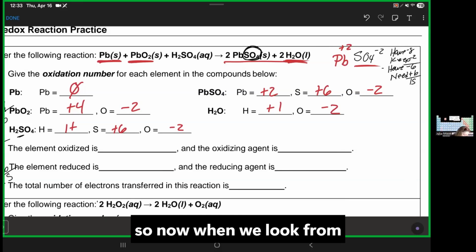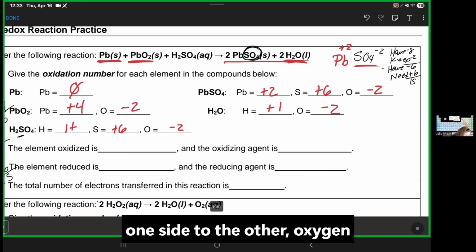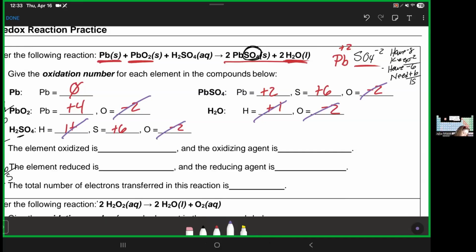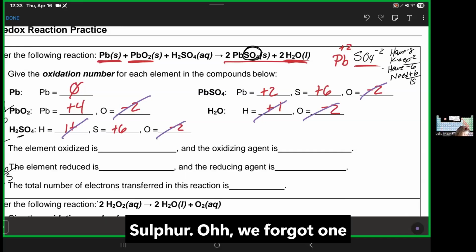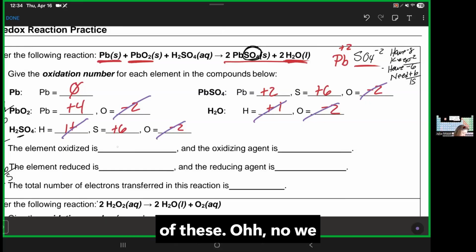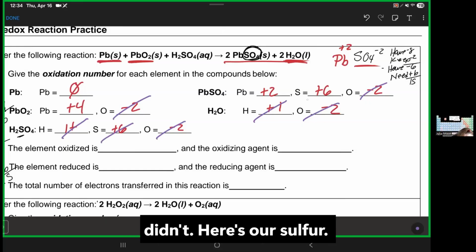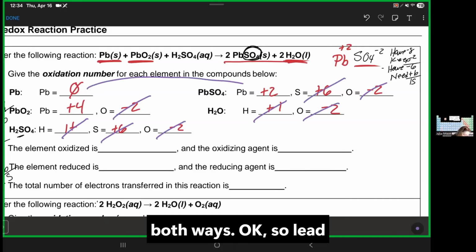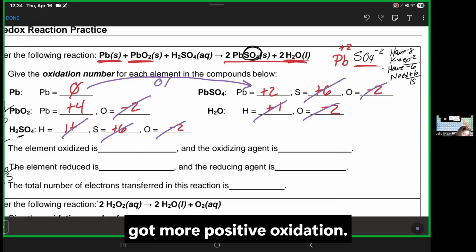Now when we look from one side to the other, oxygen was -2 the whole time. Hydrogen was +1. Sulfur. Oh, we forgot one of these. Oh, no, we didn't. Here's our sulfur, and there's our sulfur. Sulfur, +6 both ways.